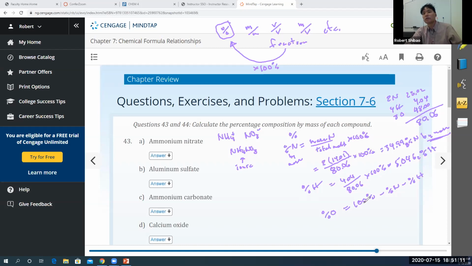Or we could calculate it as 48.00 over the total of 80.06, but it'll be quicker to just do the 100, because all three have to add up to 100%. So it's 100 minus 34.998 minus 5.0462. That gives me, oops, what did I do? I screwed that up. Let me fix that.